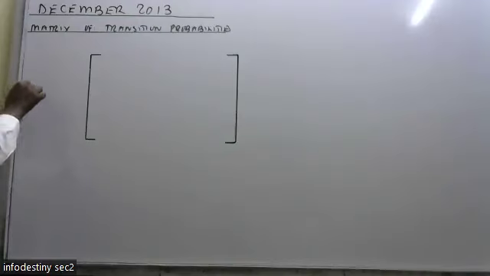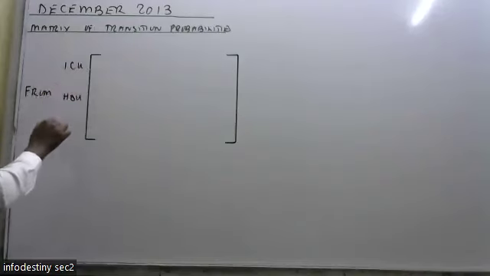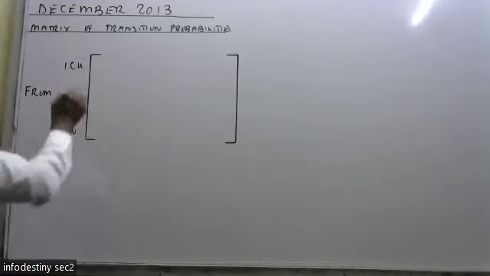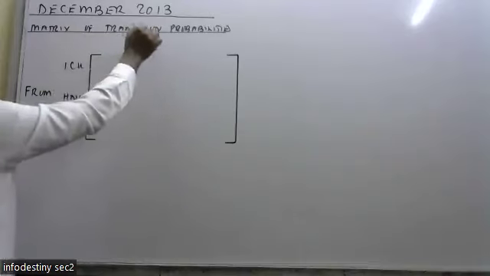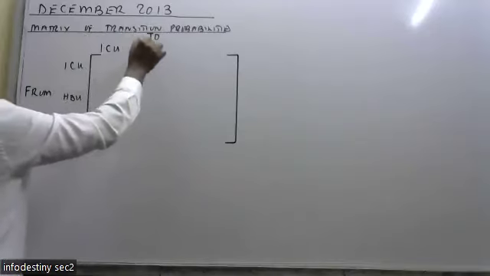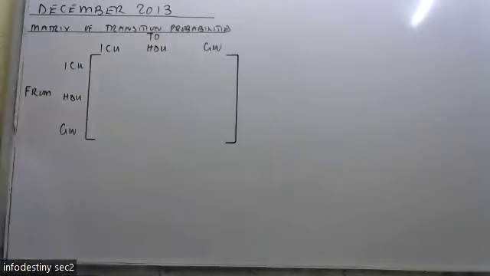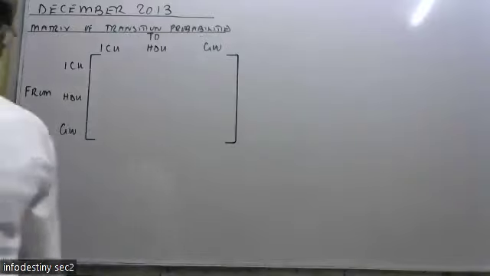So we normally say from, we have the ICU, the high dependency, and the general ward. Then to ICU, high dependency unit, and the general ward.